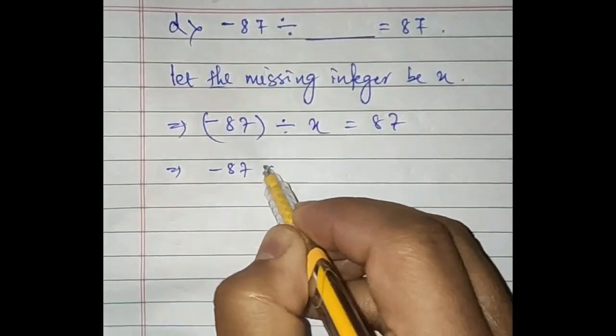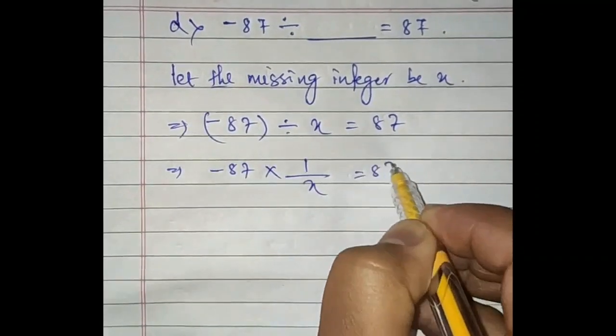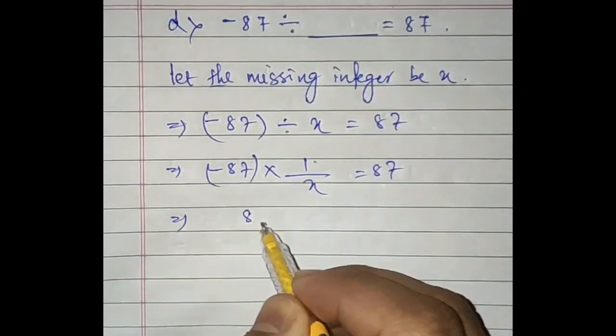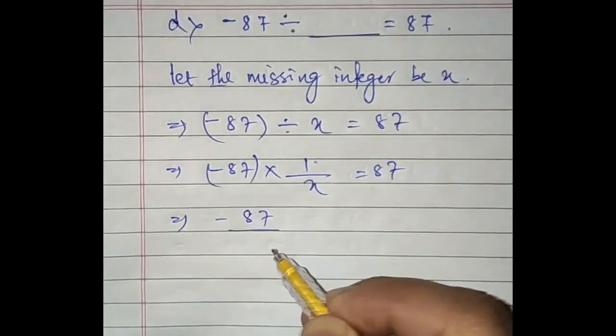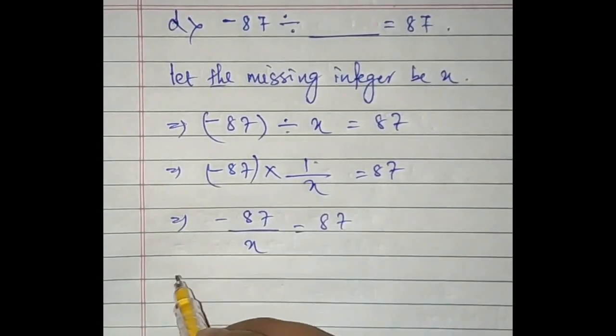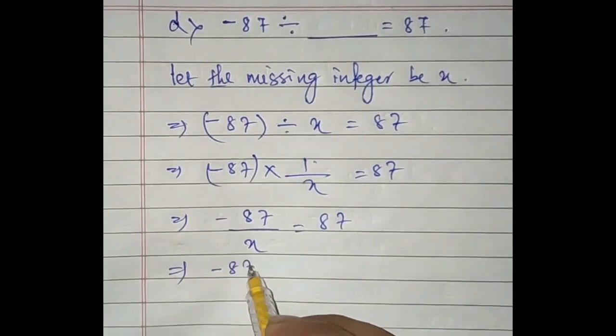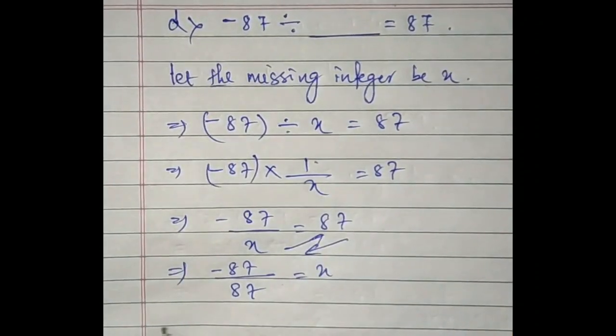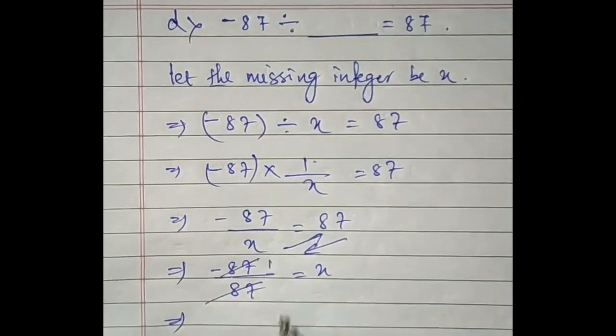Minus 87 into 1 by x is equal to 87. So minus 87 into 1 is minus 87 divided by x is equal to 87. Minus 87 divided by 87 is equal to x. Interchanging. So 87 ones are 87. But minus 1 is equal to x.